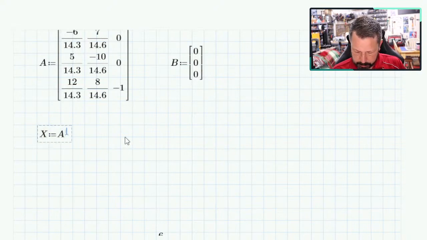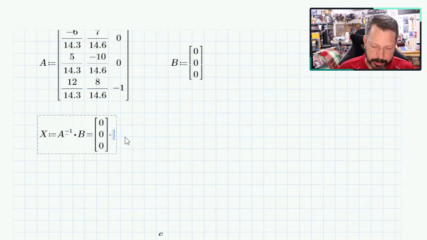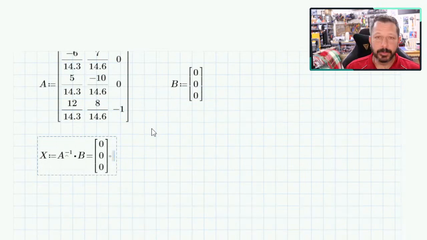A to the negative 1 times B. Yeah, so that's what I figured it would tell us, because that's the obvious solution, right? One way that these all add to 0 is if they just all equal 0 and there are no forces at all. So I think what I want to do is, let's see, what do I want to do?